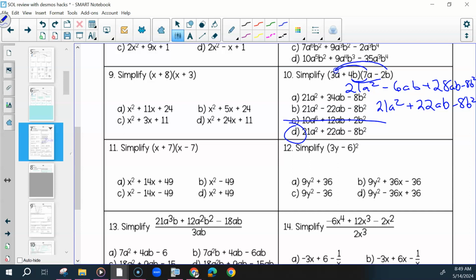This one you should be able to use the Desmos trick. I don't think I've used it on this one, but you should be able to try this. So in Desmos, type in your original problem.